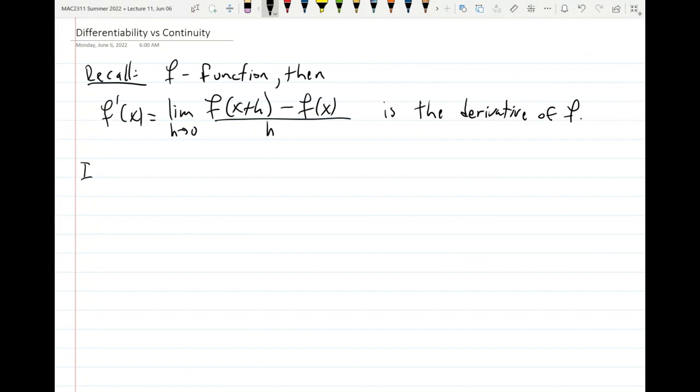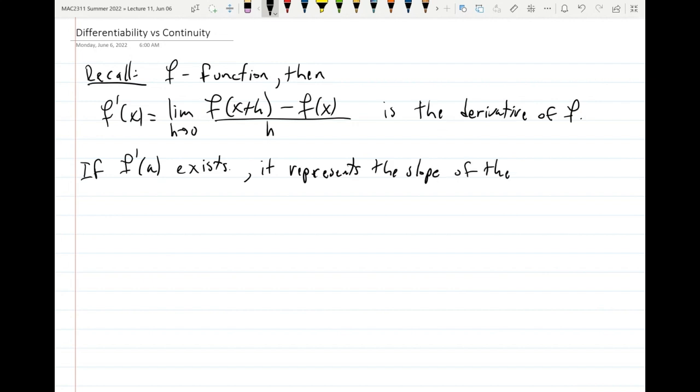And if f prime of a exists, what I mean is if we replace x by a in here, so that will be f prime of a, if that limit exists, then that number represents the slope of the tangent line to f at the point a comma f of a. Okay, so that's the geometric meaning of what we are computing.